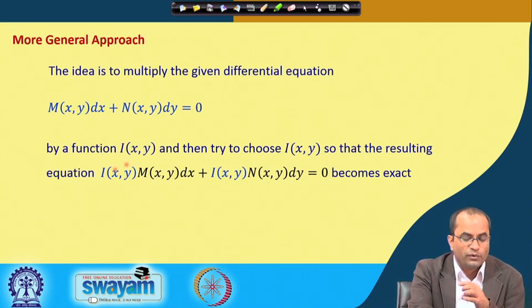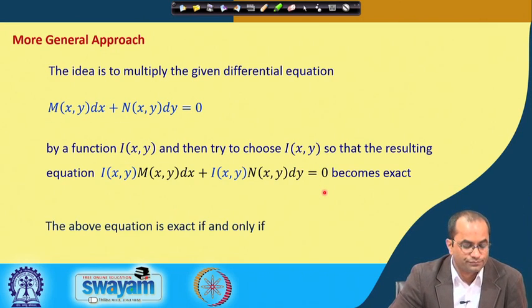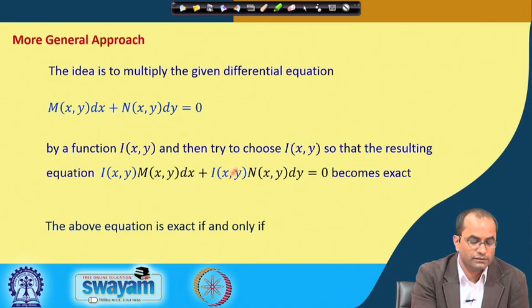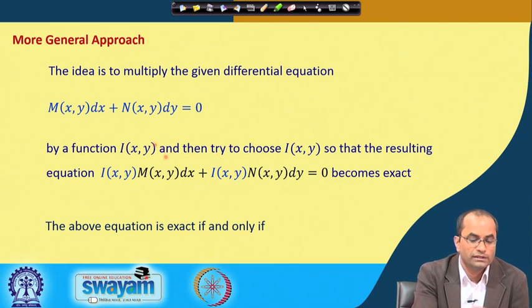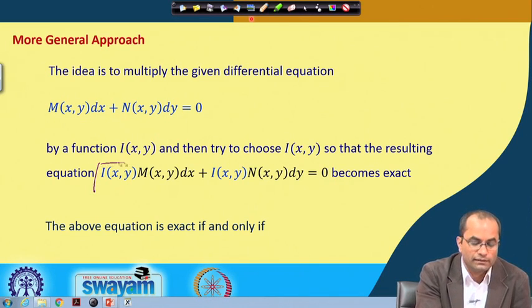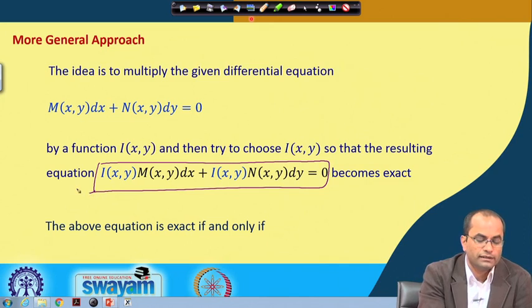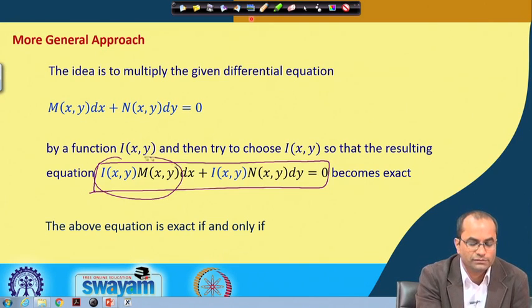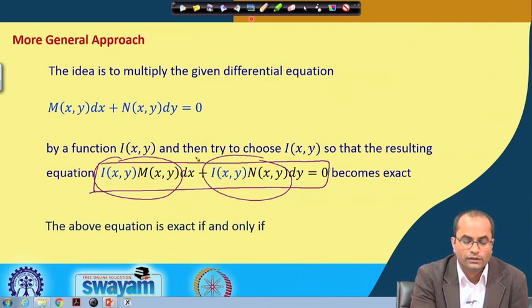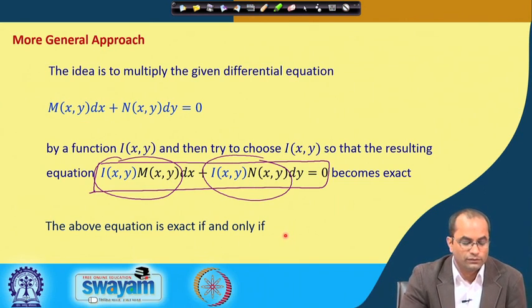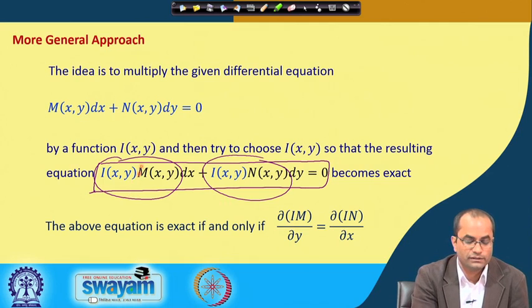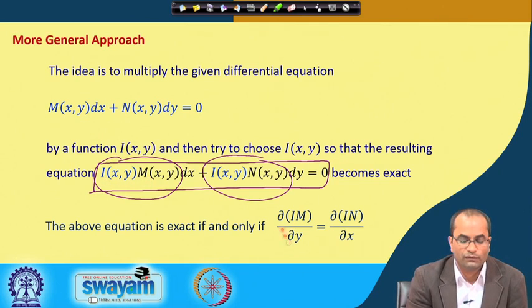This is the point where we will now proceed. We know the if and only if condition, the necessary and sufficient condition, for this equation to be exact: the partial derivative of IM with respect to y must be equal to the partial derivative of IN with respect to x. So, the equation is exact if del IM over del y is equal to del IN over del x.